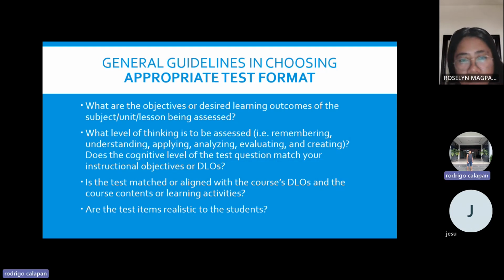Meaning, test items should be meaningful and realistic to the learners. They should be relevant or related to their everyday experiences.